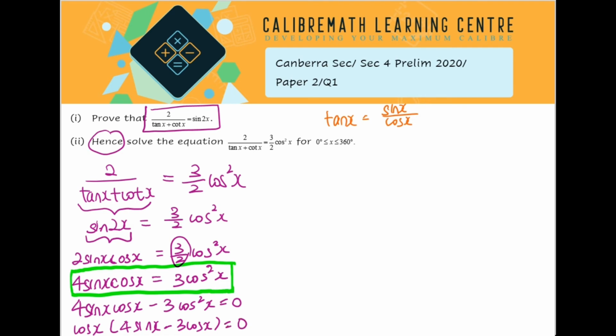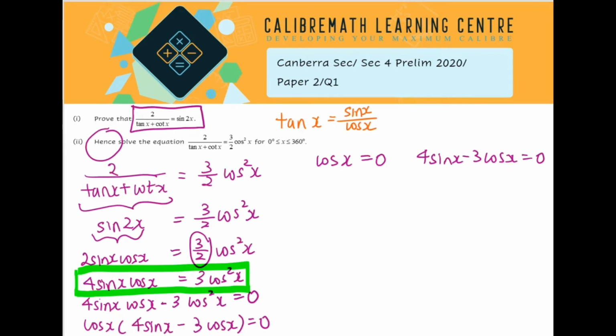And so from here, you will be able to tell me that cosine x equals 0 and 4 sine x minus 3 cosine x equals 0. Can you see that cosine x equals 0 was missing from the solution that we did earlier on? That is why the two answers that we got just now were only partially correct.